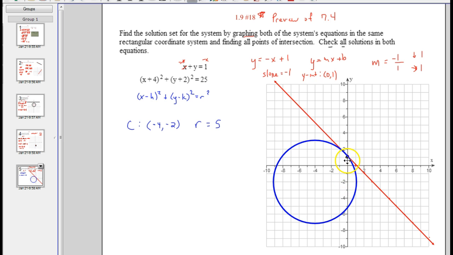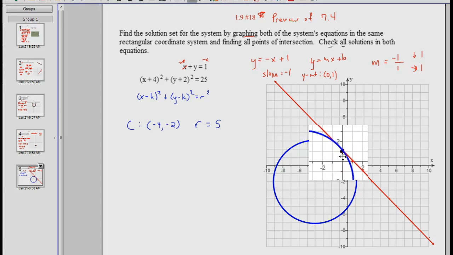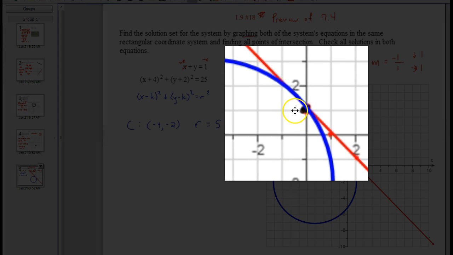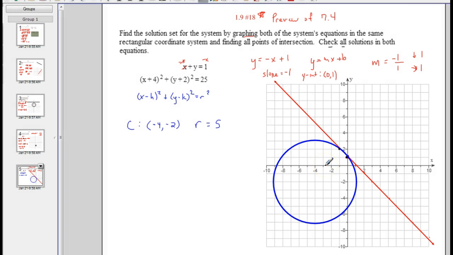And notice I hit here, and it's hard to see it, but if you blow it up, it kind of goes past the line, and it comes back and looks like it hits it again, roughly there, with those 2 points. The 2 points that I see here are 0, 1, not 1, 0, which makes a difference. And then here it's negative 1, 2. It looks like it hits it also.